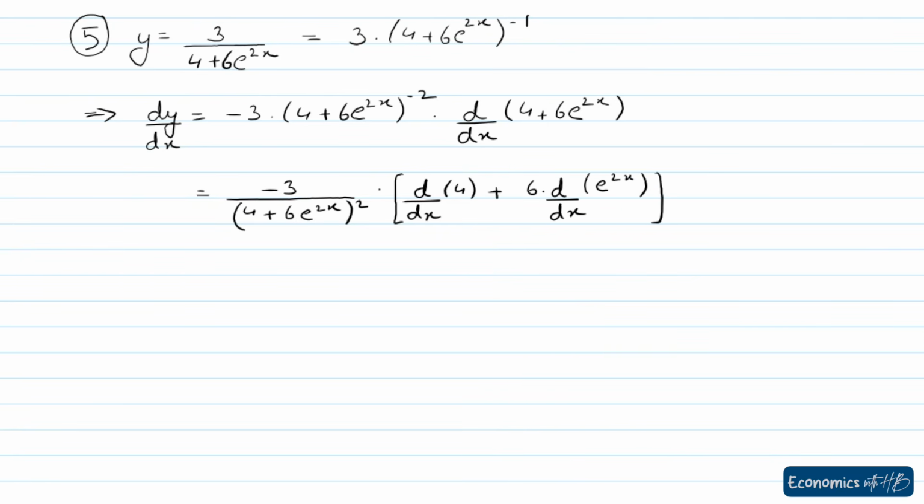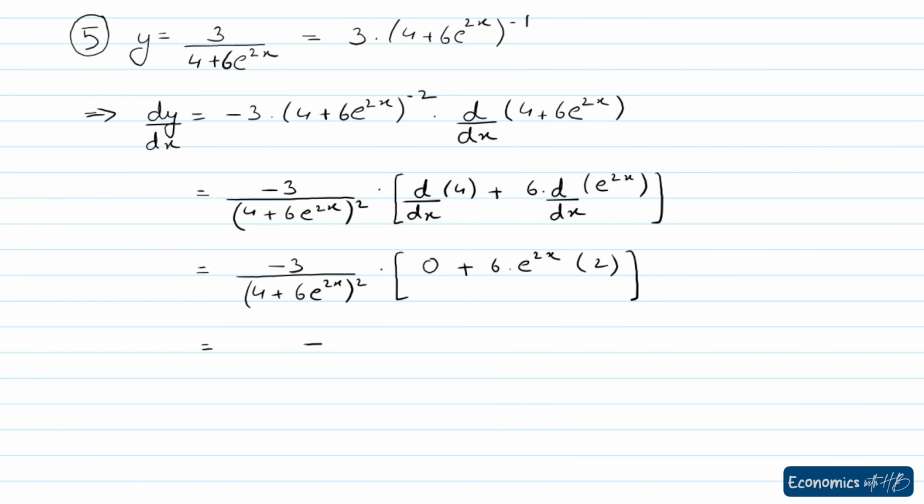We get minus 3 over 4 plus 6 e to the power 2x whole square into derivative of constant is 0 plus 6 into e to the power 2x, because the derivative of e to the power anything is e to the power same thing as it is, into the derivative of 2x. u here is 2x, so 2.